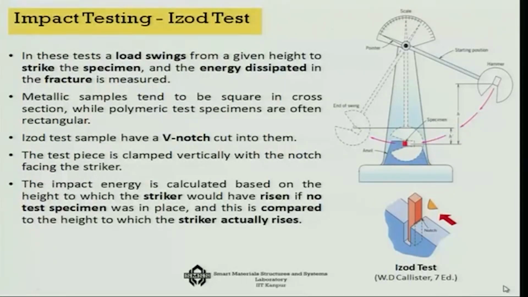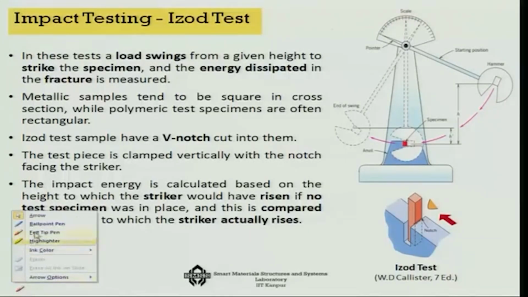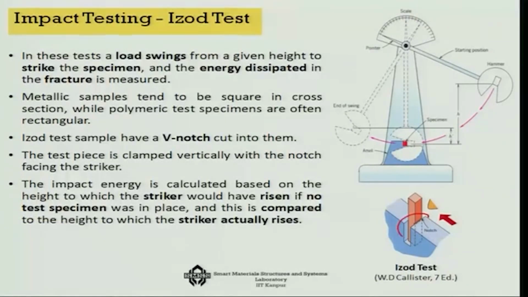This is an IZOD impact test, where you support the sample at one position and hit it with a pendulum. If there is no sample, the pendulum can go to a particular distance. If there is a sample, some energy is taken by it, so it cannot go up to that distance.